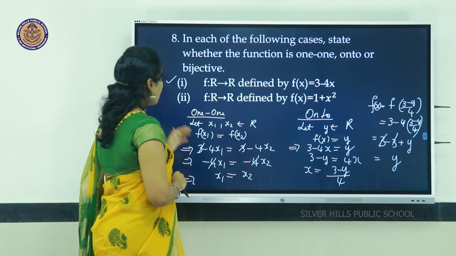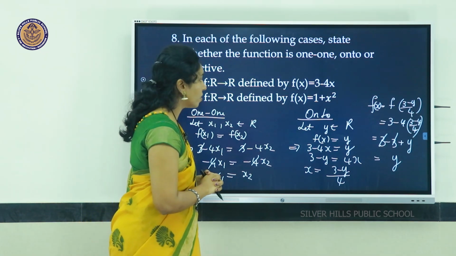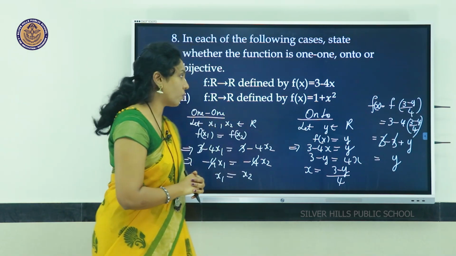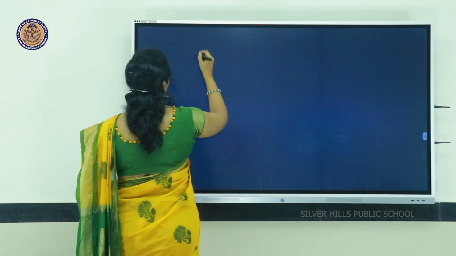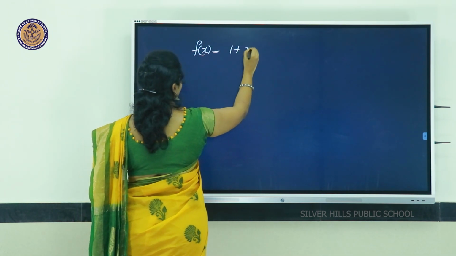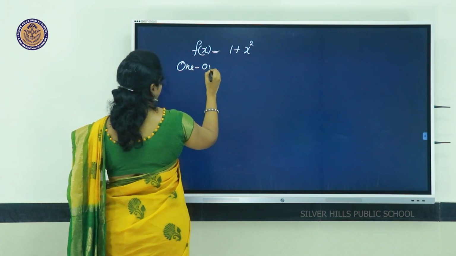Now, let us see whether the second one is 1 1 and onto. So, what is the function given here? f of x is equal to 1 plus x square. So, we will just check the 1 1 condition.